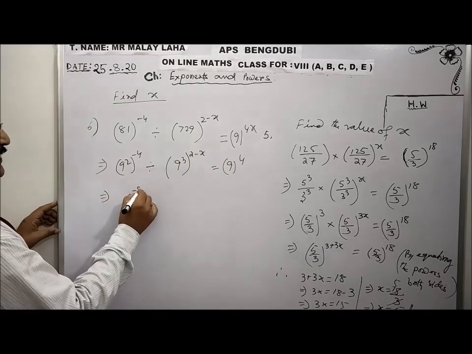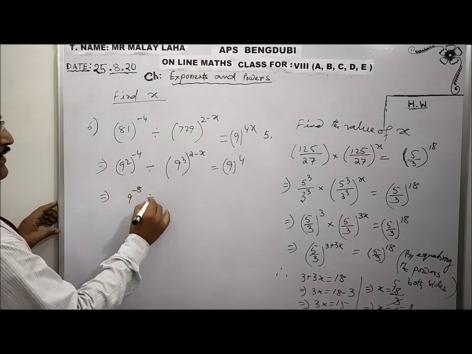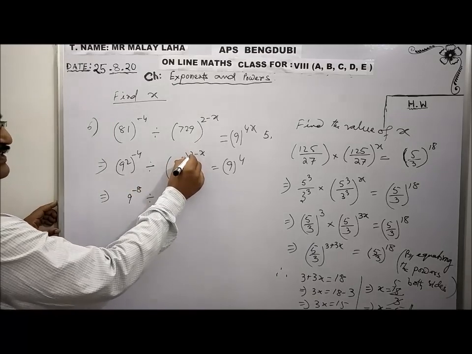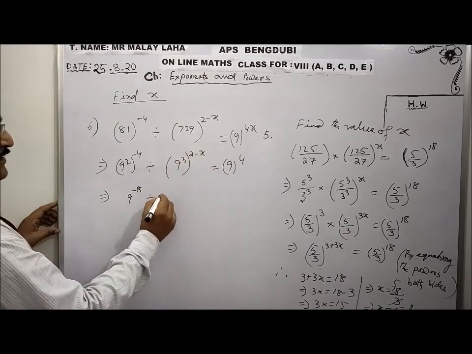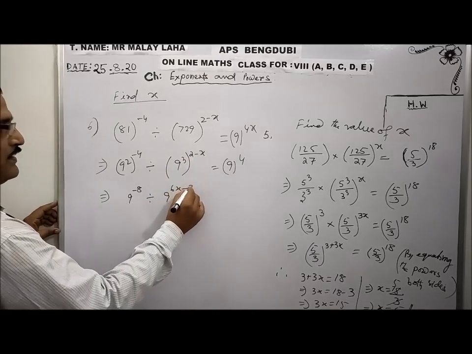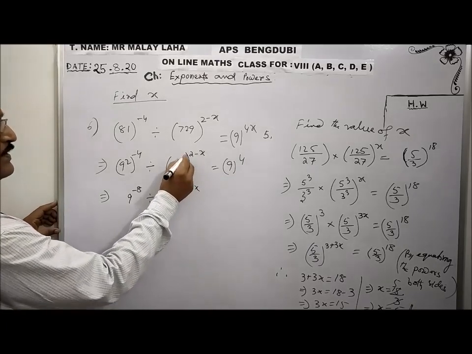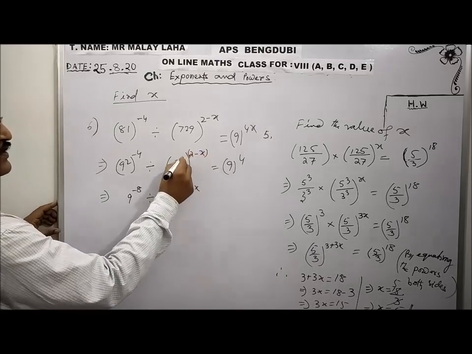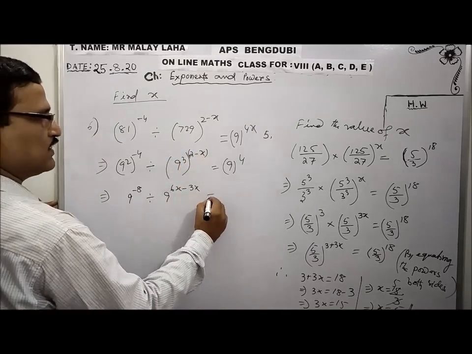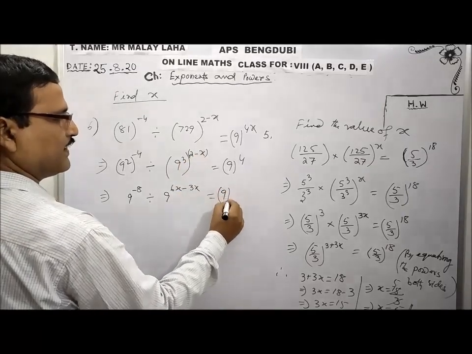So it will be minus 8 divided by, if I multiply it by 3, it will be 6 minus 3x. So 9 raised to 6 minus 3x. Have you understood? 3 multiplied this factor. So 3 into 2, 6. 3 into x, 3x. That equals to 9 raised to 4x.